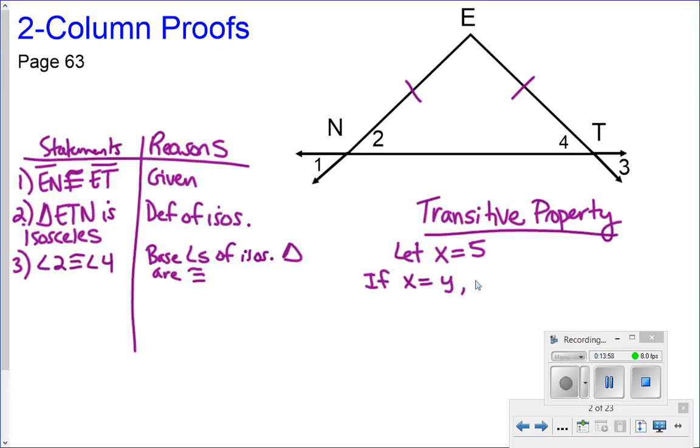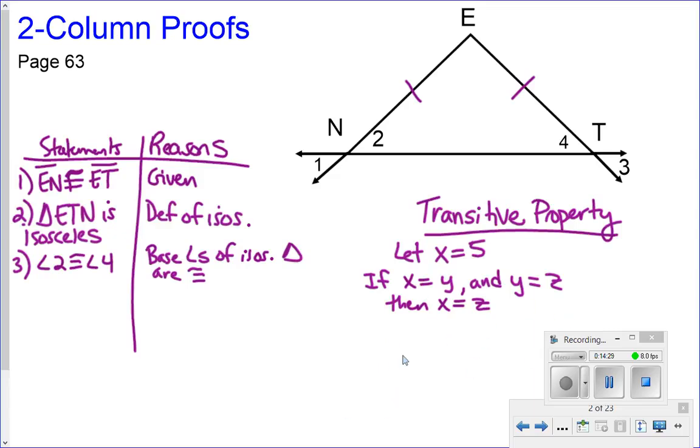If x equals y and y equals some other variable, z, let's say, and again, we're just pretending x is 5 for a second. So if x is y, well, they're both 5, then y is 5, so 5 is also z. Then we can conclude that x equals z. Okay, that's what the transitive property says. If x equals y and y equals z, then x equals z.